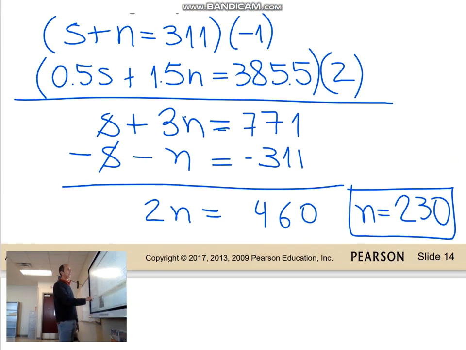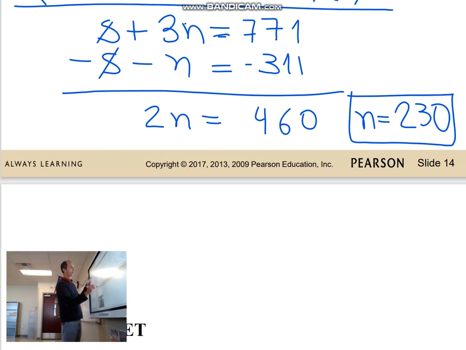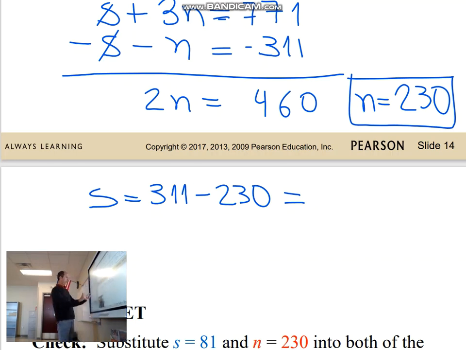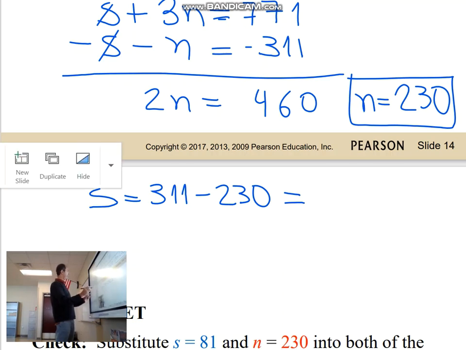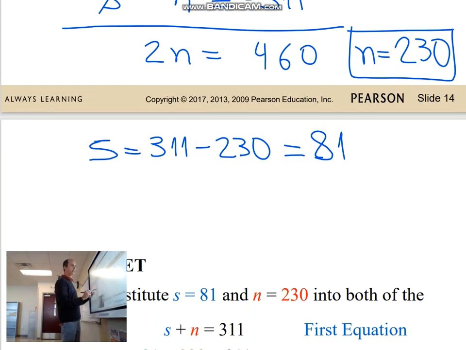You can substitute into one of these equations, maybe the first one here, to find s, and s is 311 minus 230, which equals 81, right?